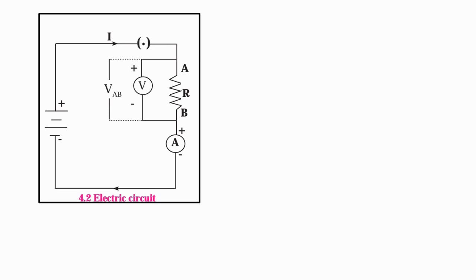The ammeter is connected in this circuit to measure the current flowing across the circuit. The voltmeter is connected across the resistor, that is between points A and B, to measure the potential difference between these 2 points. So in this circuit we have a resistor, a voltmeter, an ammeter and a cell.